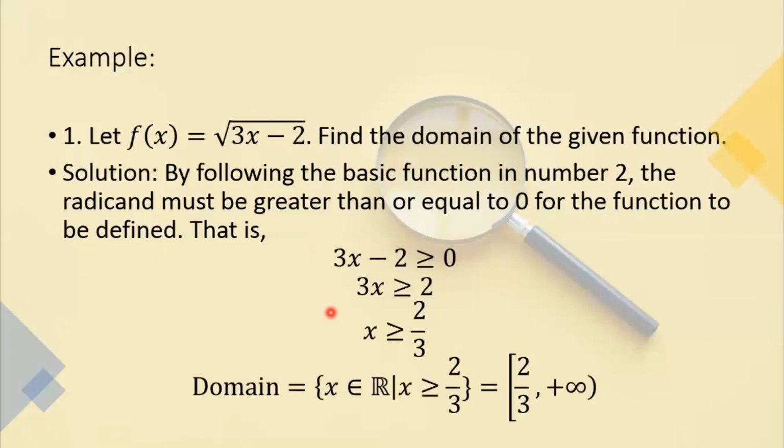So what is the domain? The domain is the set of all x in the set of real numbers such that x is greater than or equal to 2 over 3, which can also be written in interval notation as 2 over 3 up to positive infinity. So this is how we identify the domain of the given function.